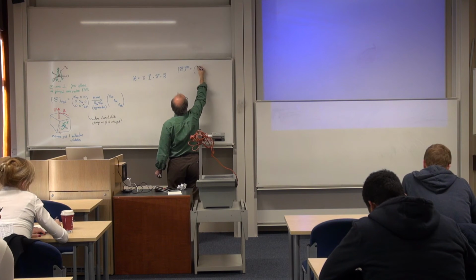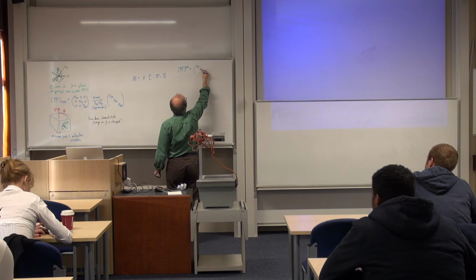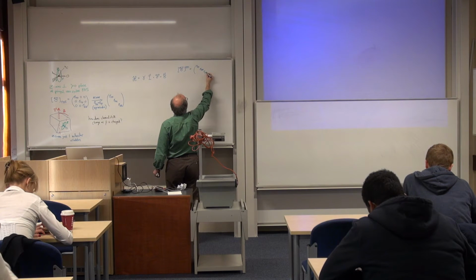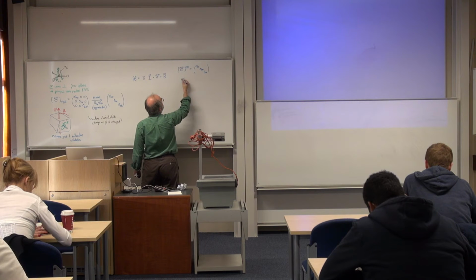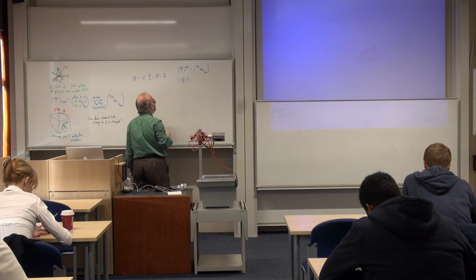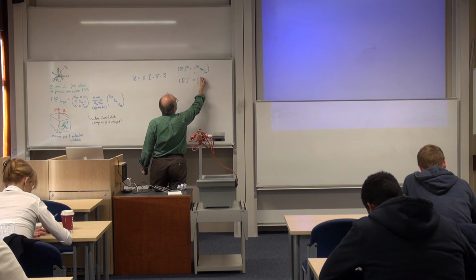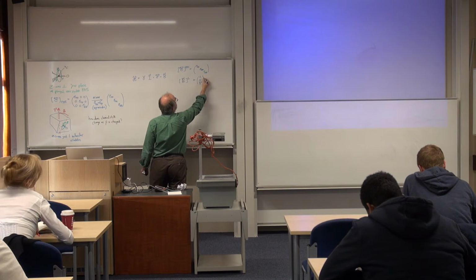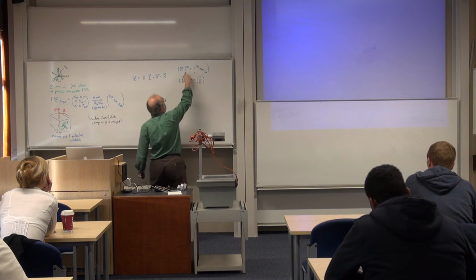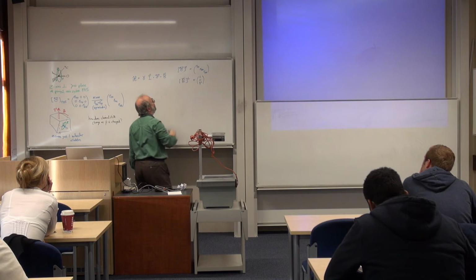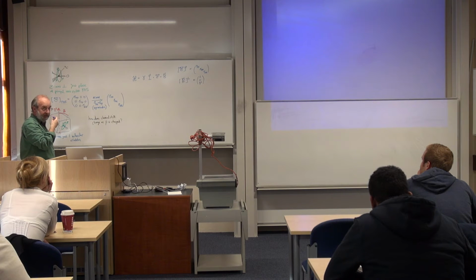It's just diagonal, like that. And the magnetic field, expressed in the lab frame, just has one non-zero element. So I'm going to use these superscripts like that to denote which frame I'm writing a vector or a tensor in.